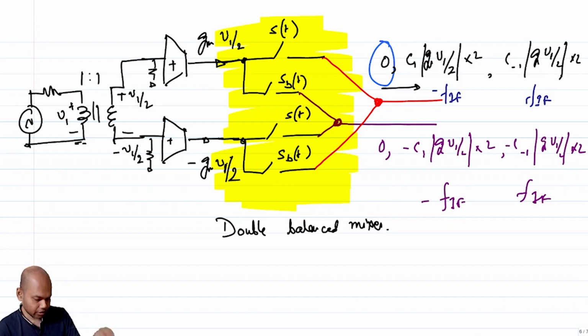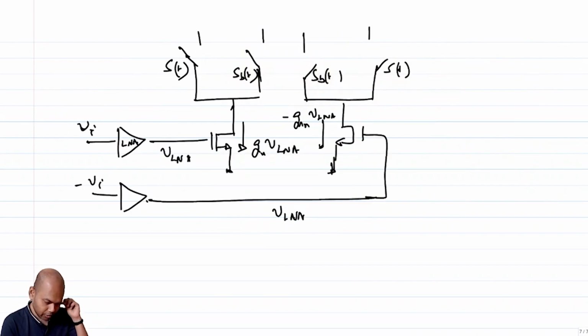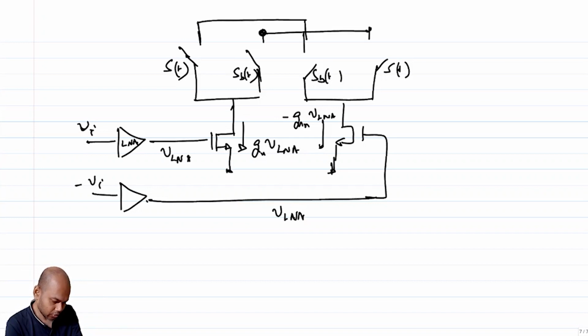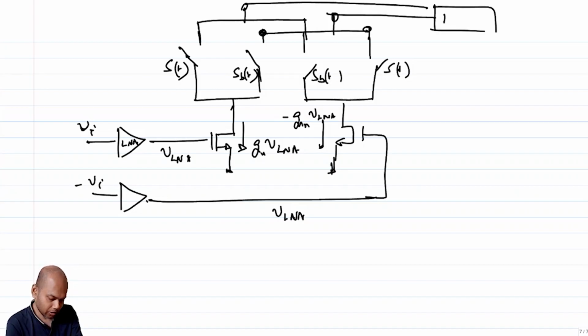We connected the S of t in one branch to SB of t of the other branch. So basically, I should join these two, and I should join these two, and then I take them out and maybe pass it through a low pass filter, right?